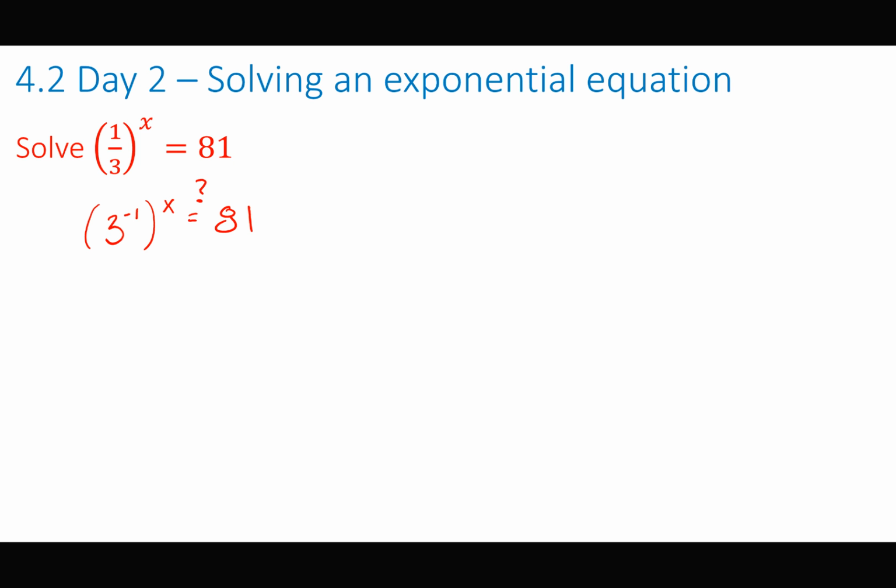Okay, because this is really 3 to the 1st, and so I could bring it up, and it's really 1 times 3 to the negative 1st, but you wouldn't have to write the 1. All right, is this the same as saying 3 raised to the negative x equals 81? Can I do that?